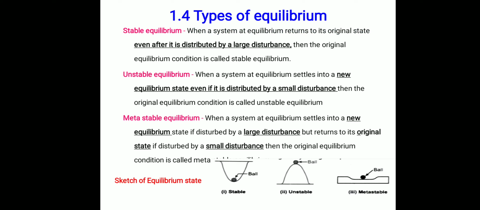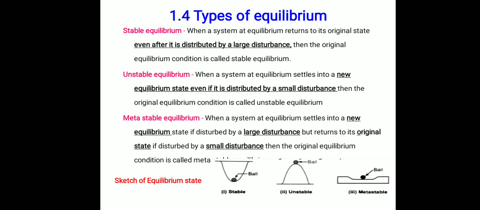Stable equilibrium is when the system goes towards stability even when large disturbances are there. Even after large disturbances, the system achieves the original equilibrium. Then it is called stable equilibrium.